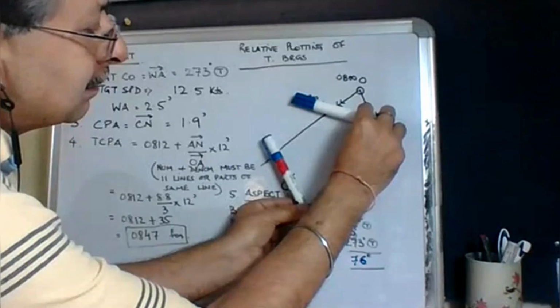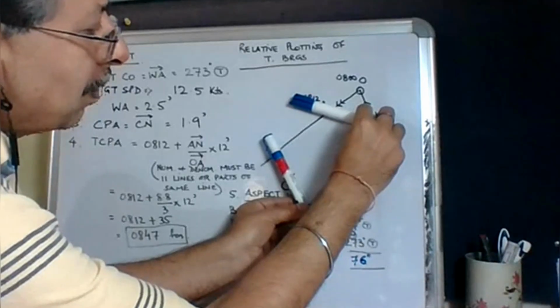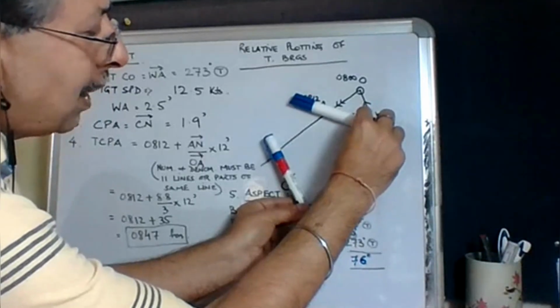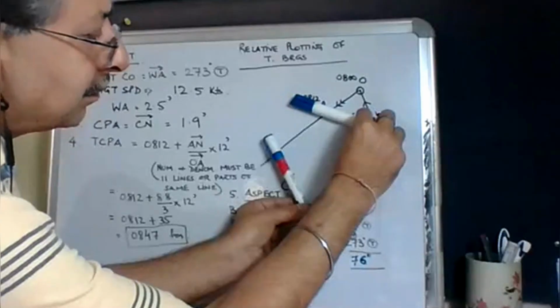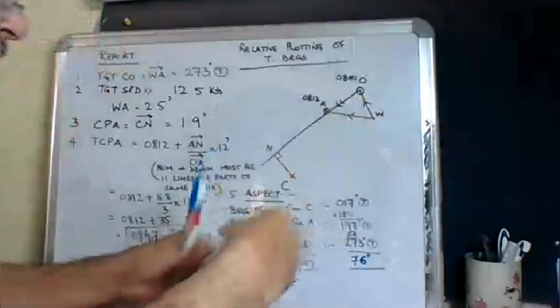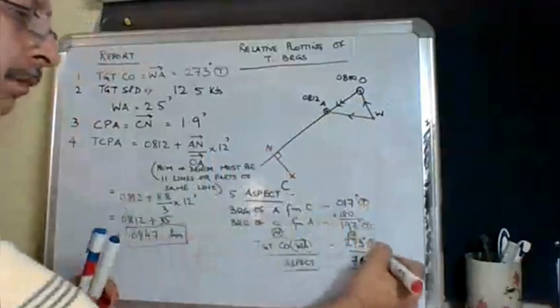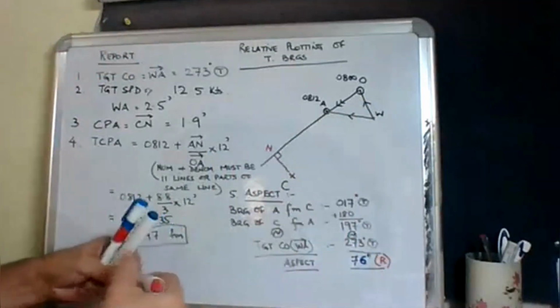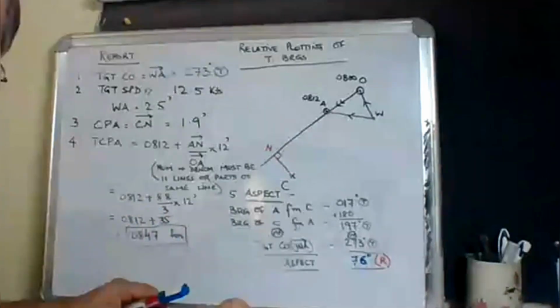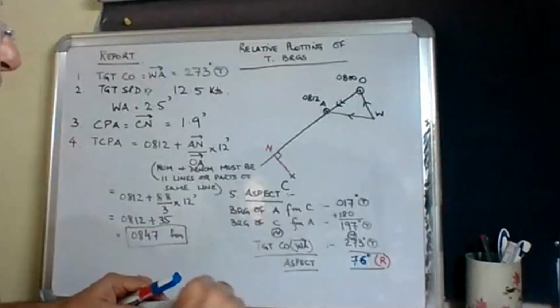Target is coming like this. At night, what light of the target will you see? Red. Red's constant. So therefore, red. So aspect red.